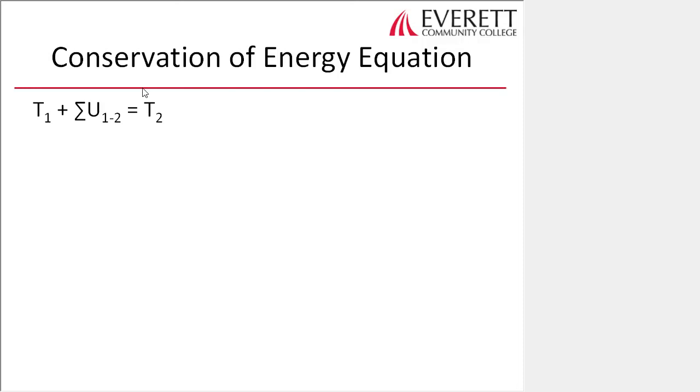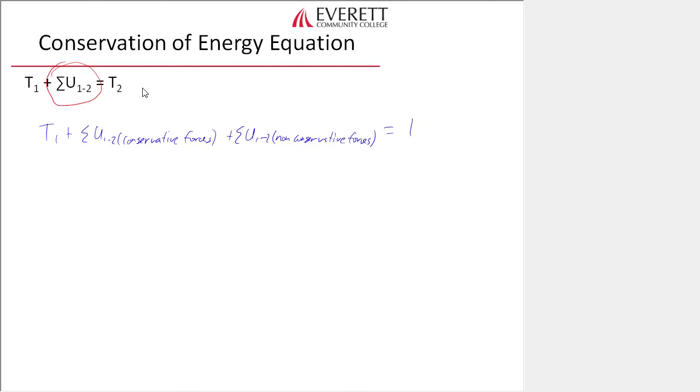This term should actually be separated out into two terms, conservative and non-conservative forces. So we can say T1 plus the work from 1 to 2 of conservative forces plus the work from 1 to 2 of non-conservative equals T2.